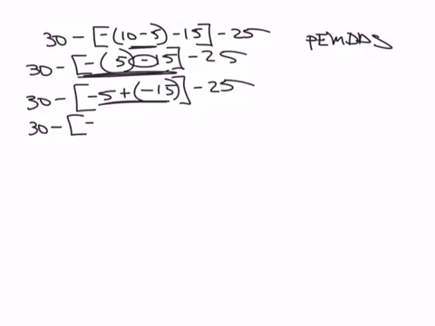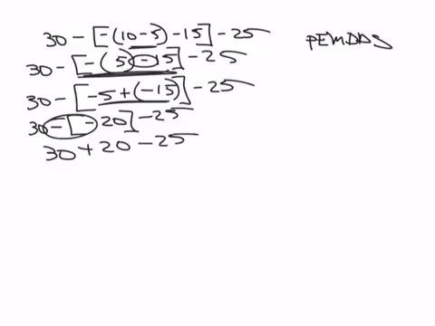So the biggest number is negative. Signs are the same, -5 and 15. So we add. Okay, 2 negatives there. Okay, what's 30 plus 20? Okay, so 50 minus 25 is going to be 25 if I did everything correctly.